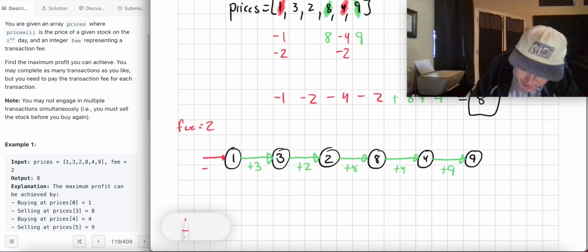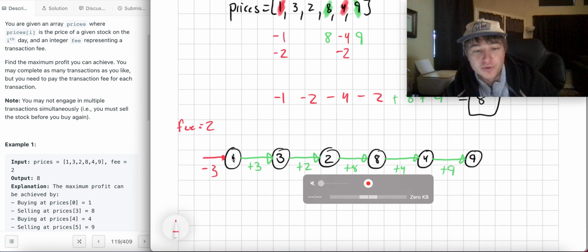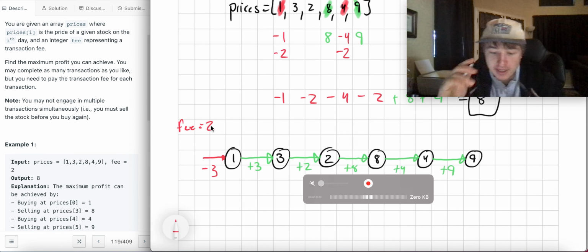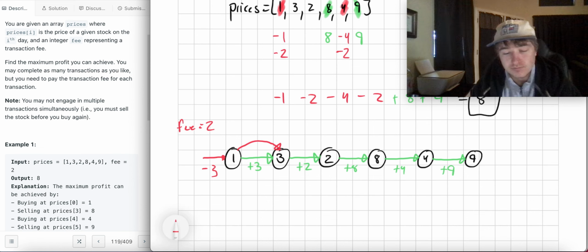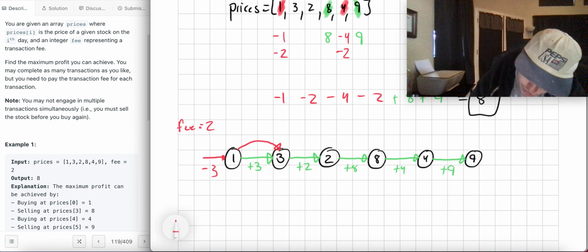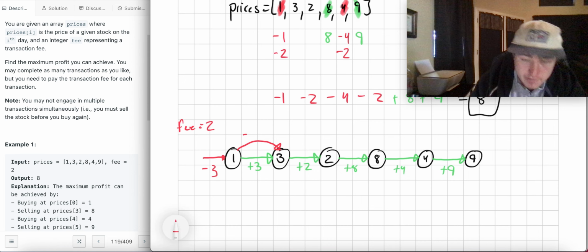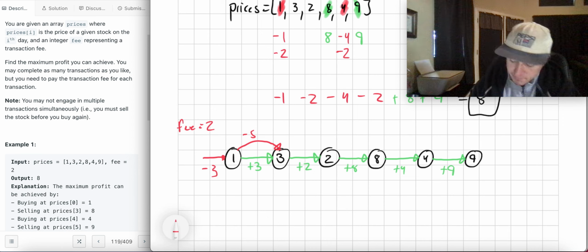So this is basically saying, I lose 3 if I buy on this day. Why? Because I lose 1 for buying the stock and I lose 2 for spending the fee. If I buy the stock here, I lose 3 for buying the stock and 2 for paying the fee.